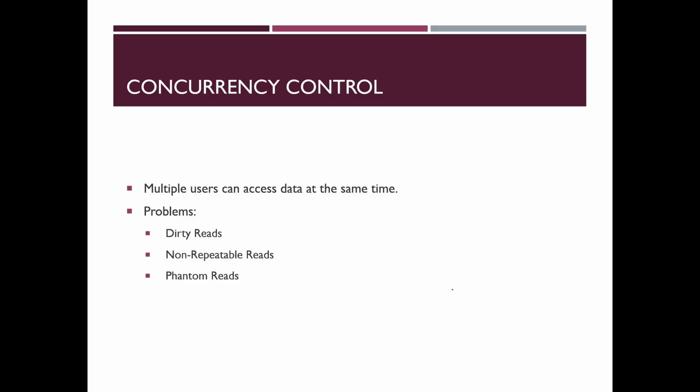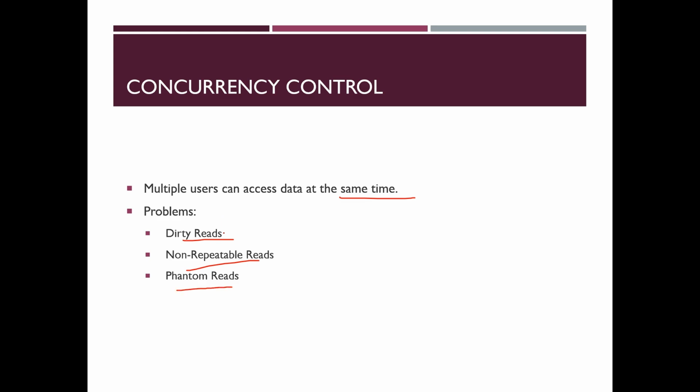Next is concurrency control. Concurrency means multiple users accessing data at the same time. It's great for performance but can lead to tricky problems like dirty reads, non-repeatable reads, and phantom reads.